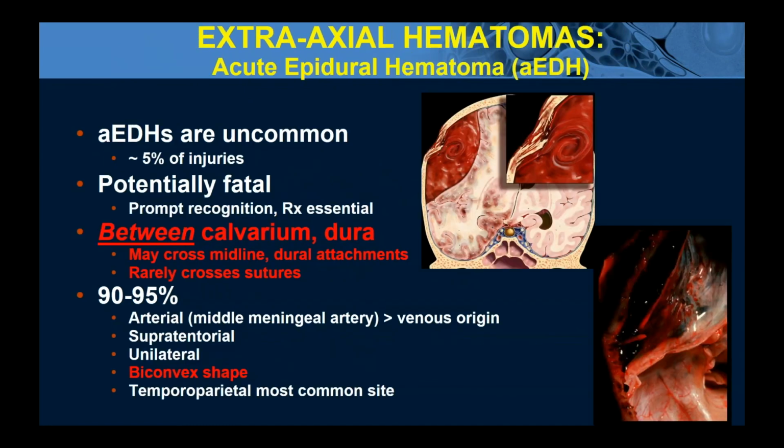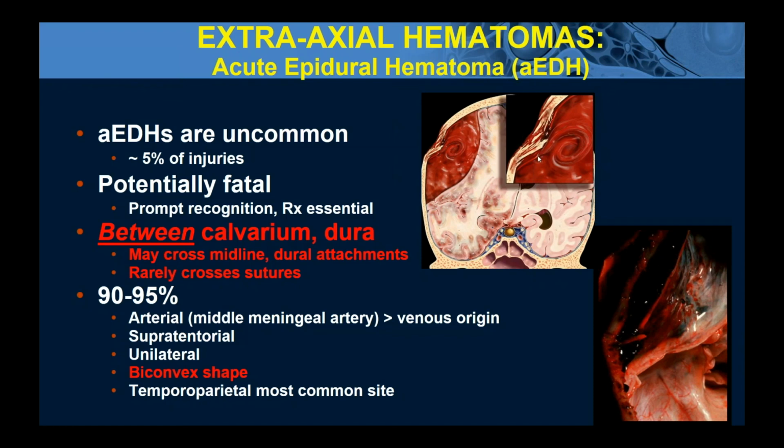So let's begin with the most dramatic, but actually not the most common of the brain extra-axial hematomas. And this is an acute epidural hematoma. And here you see in our anatomic diagram on the upper right-hand corner of your screen, we see a depressed comminuted skull fracture that we have drawn here as lacerating an artery, a big main artery to the skull that lies right under the skull, the middle meningeal artery.